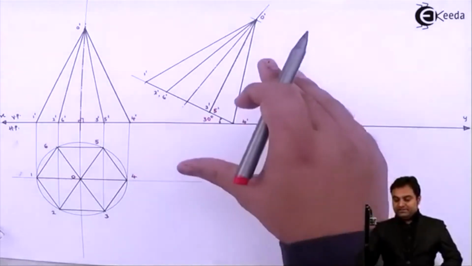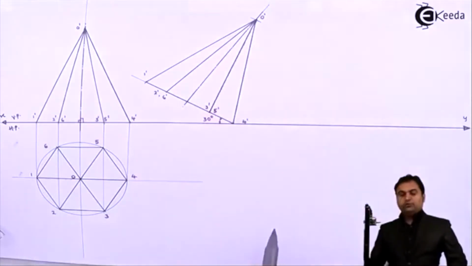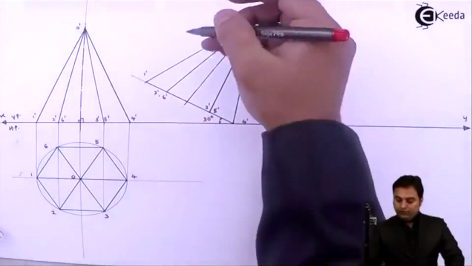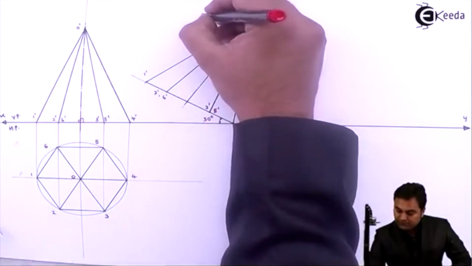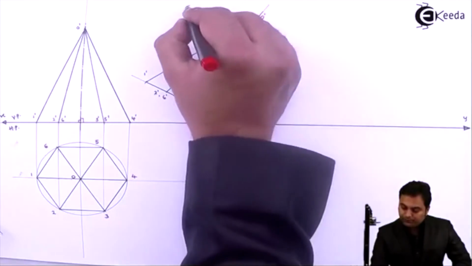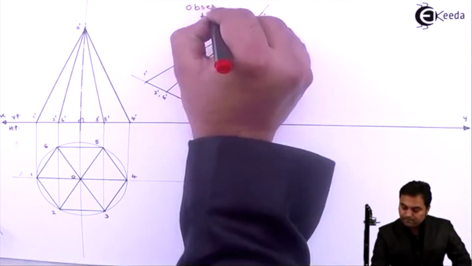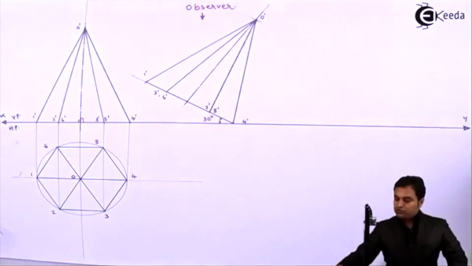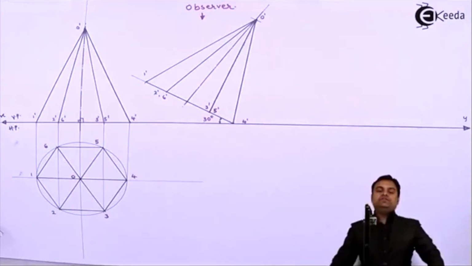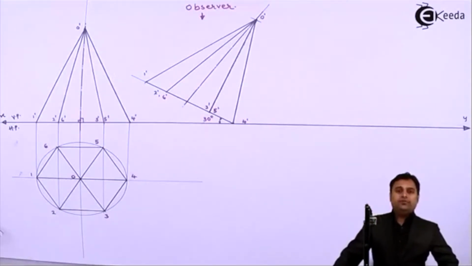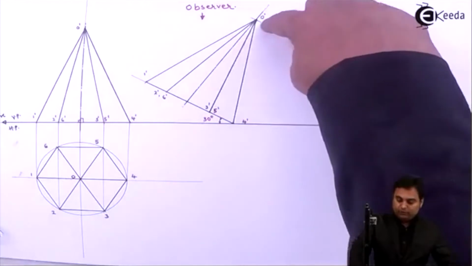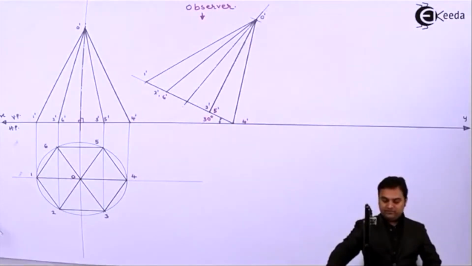Now, here it is seen in the front view. I am going to project its top view, and for that observer is here at the top. So those points need to be projected first which are closer to the observer. So if I look from top, O dash is closer, so that will be visible first.